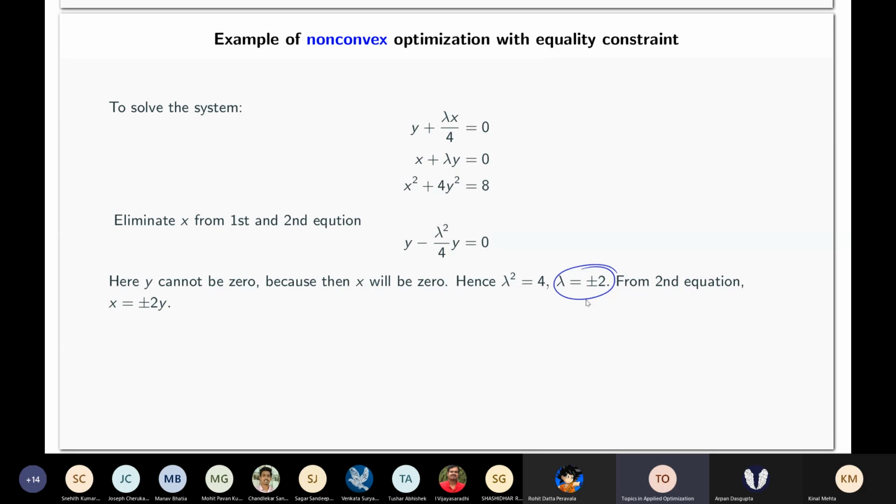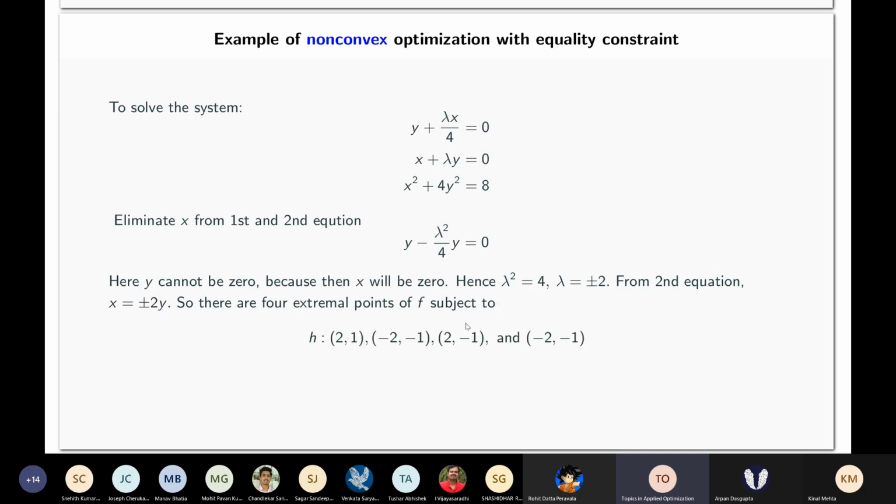Then from the second equation, it gives me x is minus or plus 2y. So there seem to be four extremal points of f subject to this.